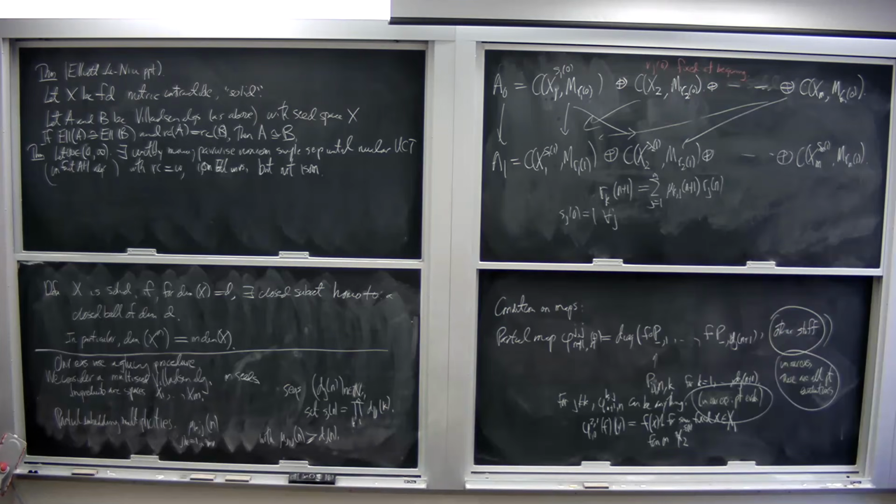Okay, so if we choose things carefully, then K0 of A, first of all, I want all the spaces to be contractible. How are you going to use that they're different? I'm not, it's the same.